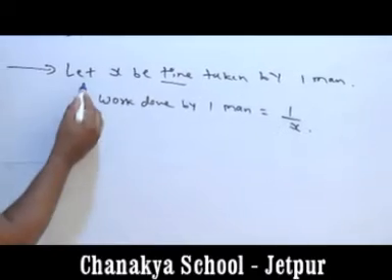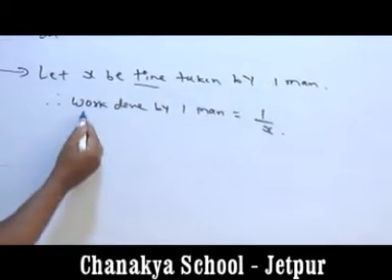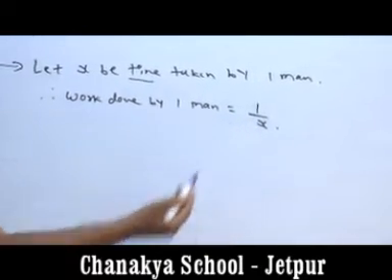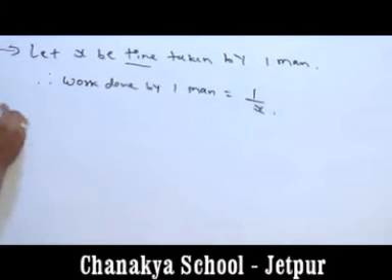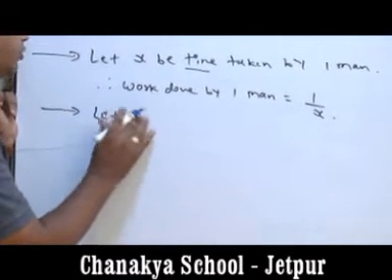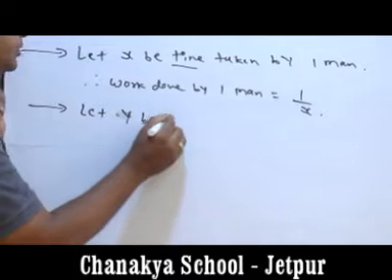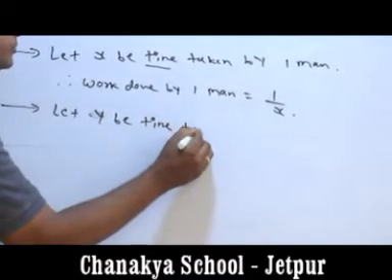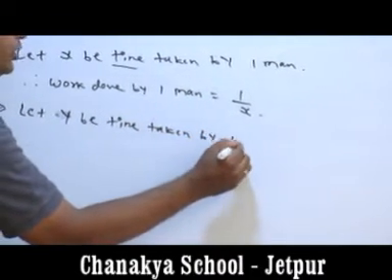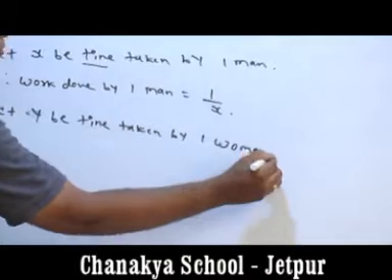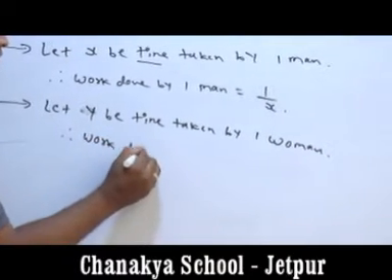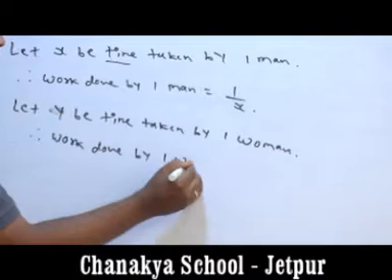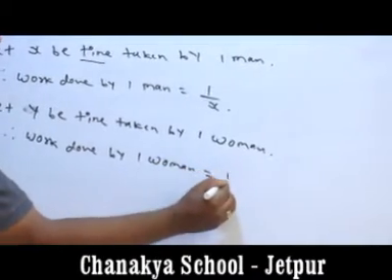Next supposition: let y be the time taken by 1 woman, therefore work done by 1 woman equals 1 by y.